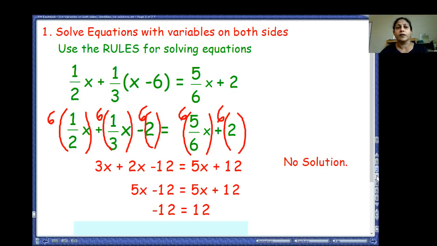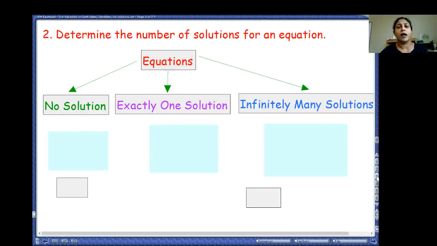So the next step is to figure out whether your equation has a solution or not. So equations have 3 options. There can be no solution, exactly one solution, or infinitely many solutions. If your equation has exactly one solution, you solved it, you got an answer, you can write that answer in a solution set just like this.